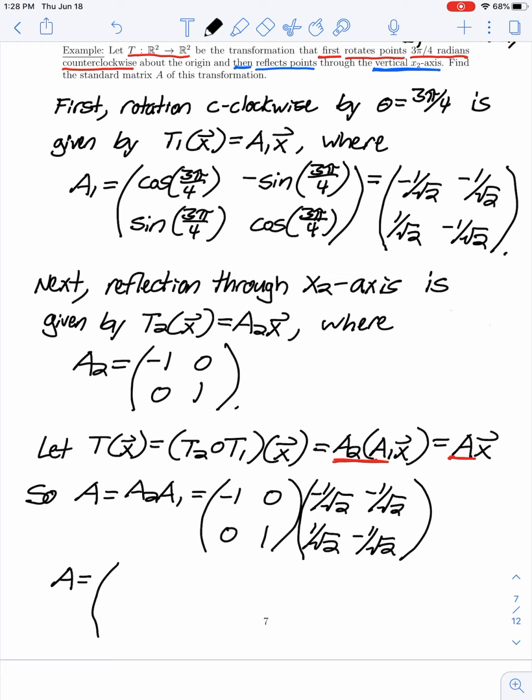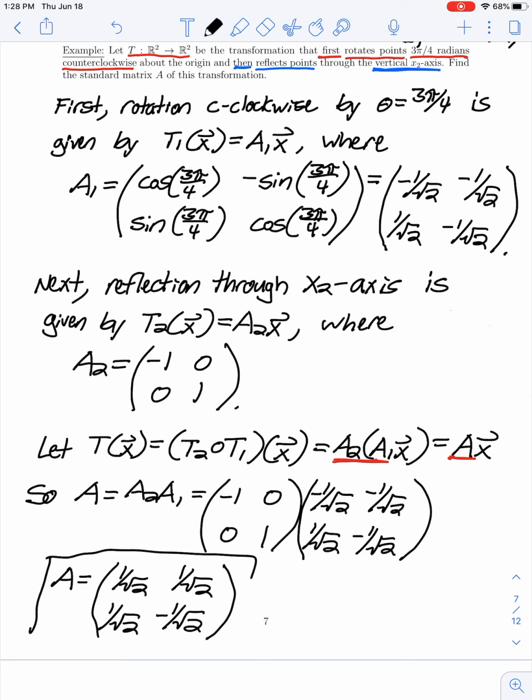So we have, for the product of these two matrices, 1 over root 2, 1 over root 2, 1 over root 2, and negative 1 over root 2. So this would be the standard matrix for the indicated transformation.